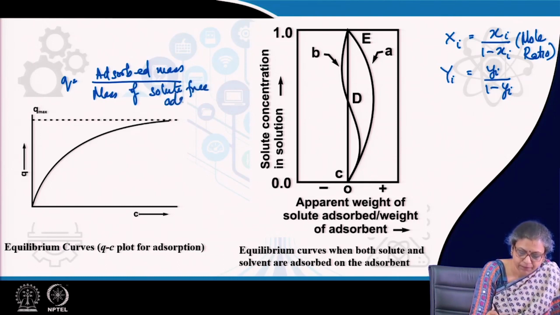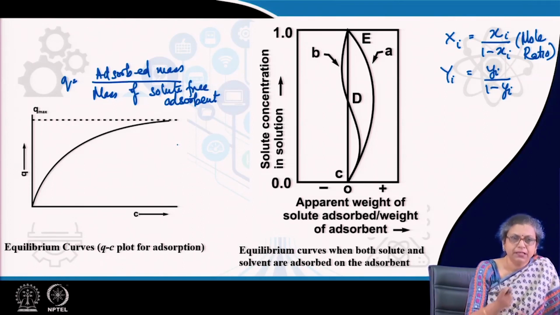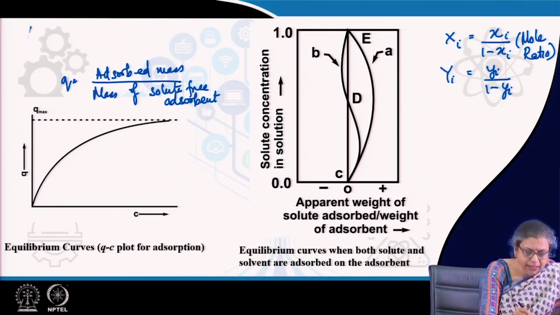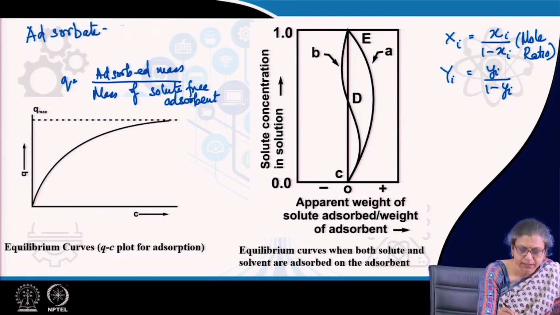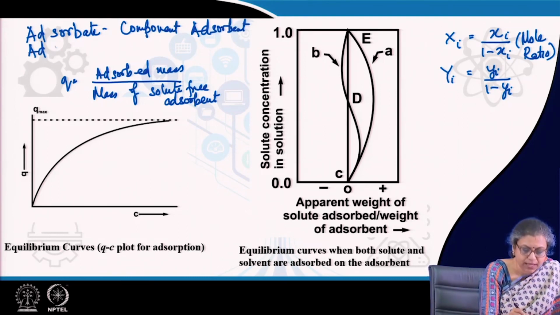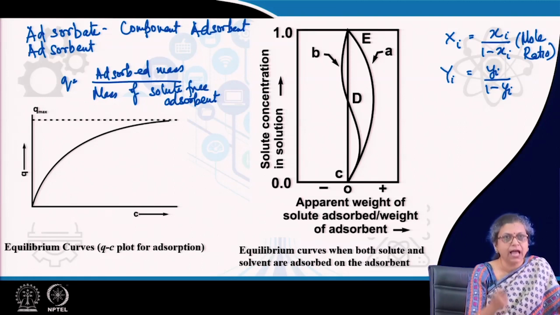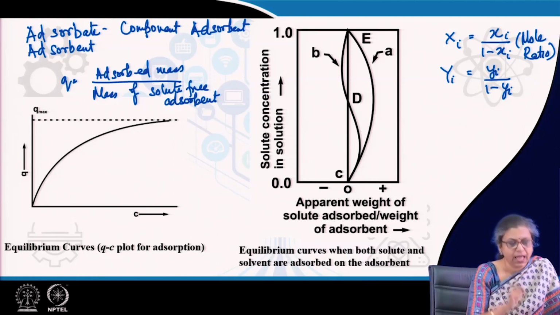adsorbed mass divided by the mass of solute free adsorbent. Before I start the equilibrium, I would like to mention that in the process of adsorption, the component which is adsorbed is known as the adsorbate, and the solid which adsorbs this component is known as the adsorbent. The adsorbent adsorbs the adsorbate.